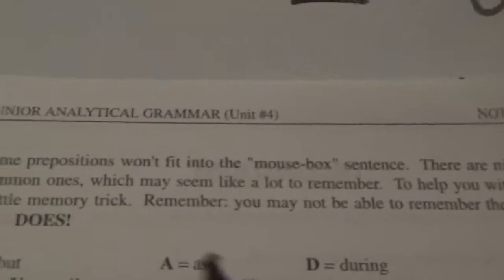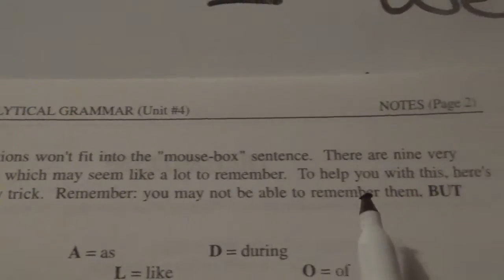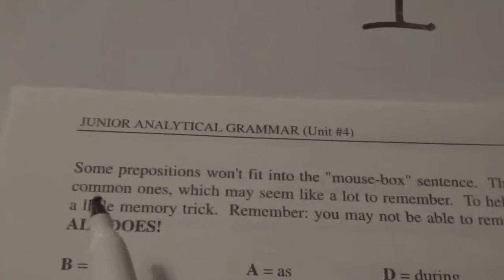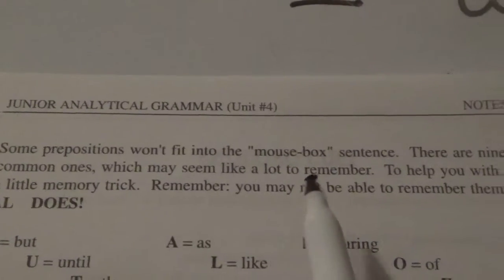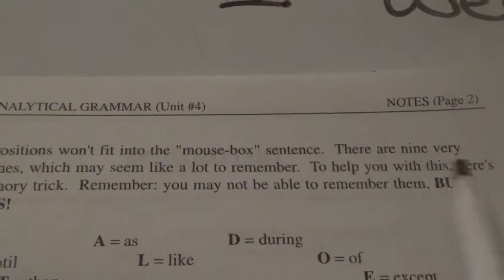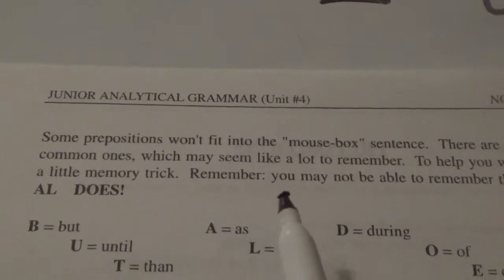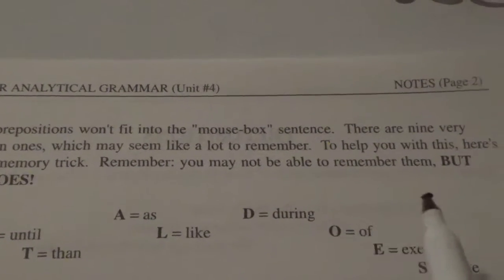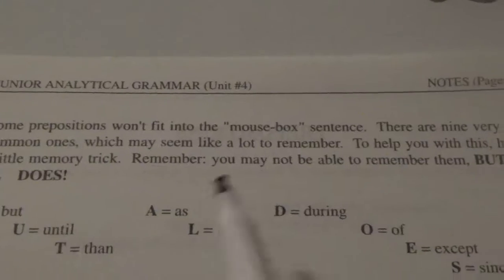If it does not, it might be one of these prepositions. Some prepositions won't fit into the mouse box sentence. There are 9 very common ones, which might seem like a lot to remember. To help you with this, here's a little memory trick. Remember, you may not be able to remember them, but Al does.